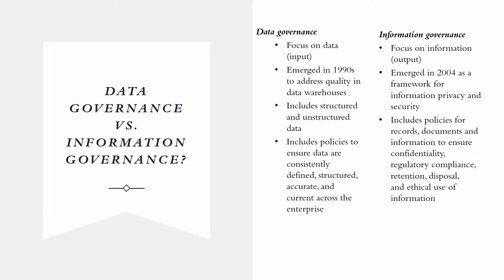Information governance emerged in 2004 as a framework for information privacy and security. It includes policies for records, documents, and information to ensure confidentiality, regulatory compliance, retention, disposal, and ethical use of information.